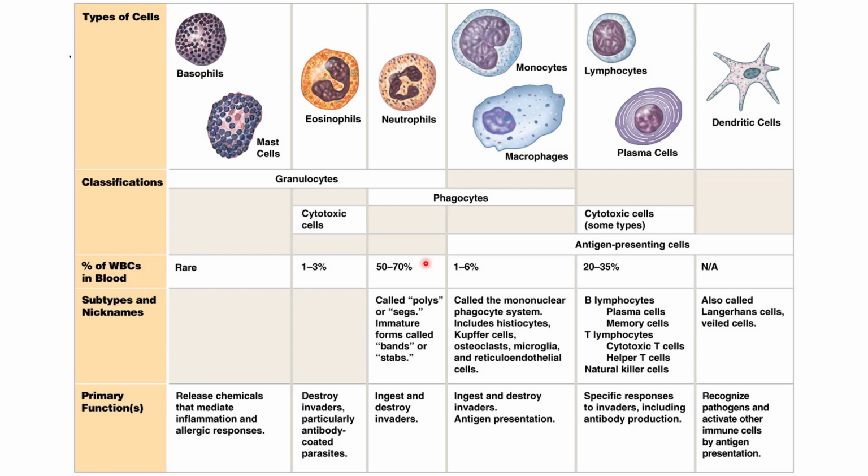That's like our frontline infantry. We send these out at the first wave of an encounter in our innate immune response, and they don't live very long, 1 to 2 days. They're kind of like your Marines. You just say, go, kill. But they're not as efficient at killing as some of our other cells.